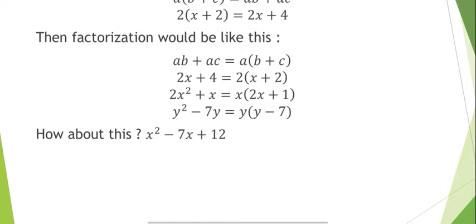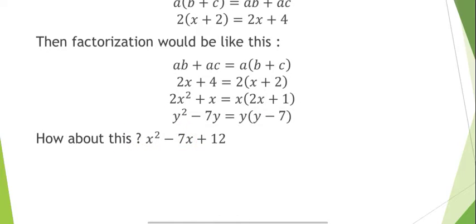Pretty simple. But that's for this kind of simple expression. What about this expression? x squared minus 7x plus 12. If it was x squared minus 7x only, then you can factorize by pulling out the x, right? Just like the example above. But this time you have 12.